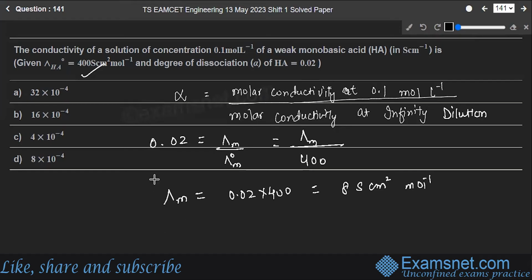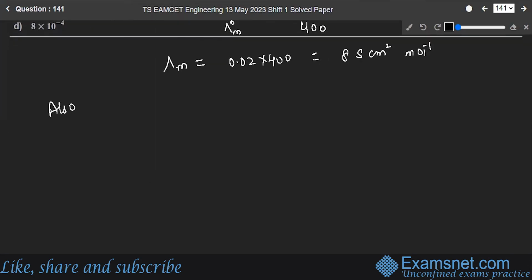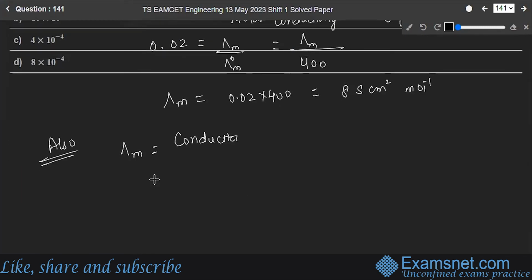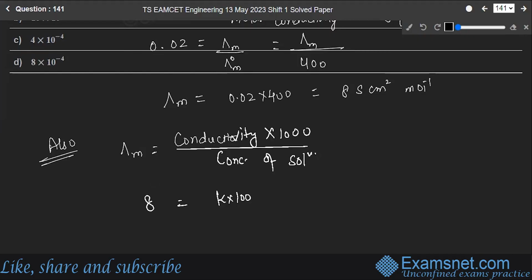And also, the molar conductivity for the given molecule is equal to conductivity into 1000 divided by the concentration of the solution.